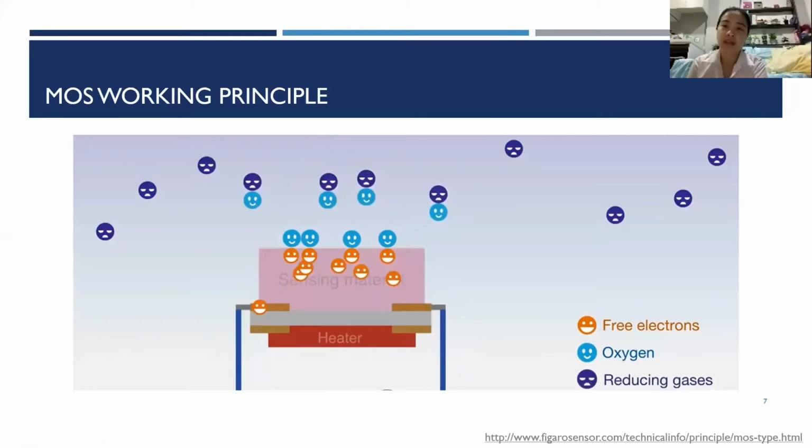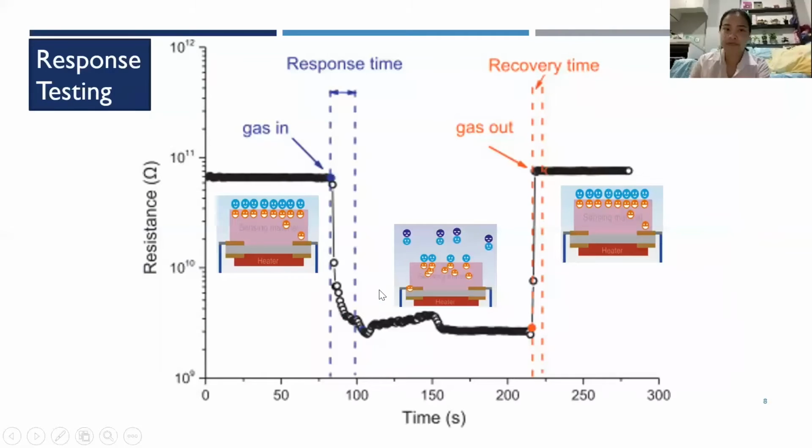And then once it is exposed to the target gas, the gas reacts with the oxygen and pulls the oxygen out, causing a change in the electrons that flow inside the layer. As shown in the resistance over time graph, first, with no target gas, the resistance of the sensor is constant and stable.